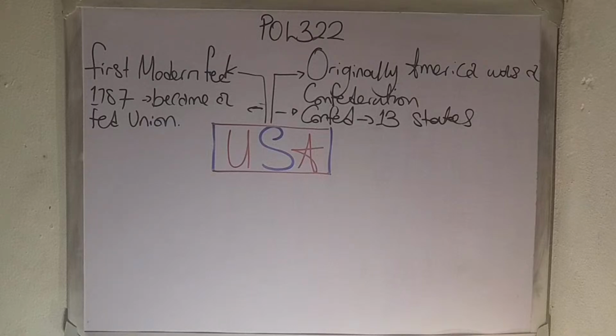But according to what we have in the material, we are being told that indigenous people lived in what is now the United States before that state was created. Remember, we said from 13 states, then 50 states. Before that state was created, we had indigenous people living there for thousands of years.